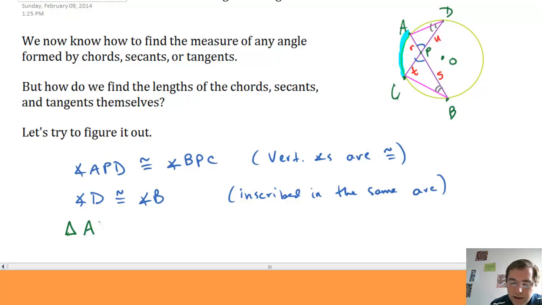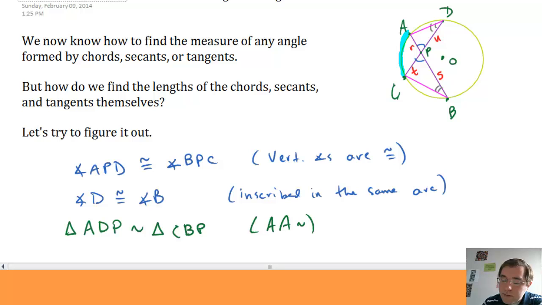So triangle ADP is similar to triangle, I have to be careful about how I name these, CBP. ADP, CBP. Why are those similar? Angle similarity.